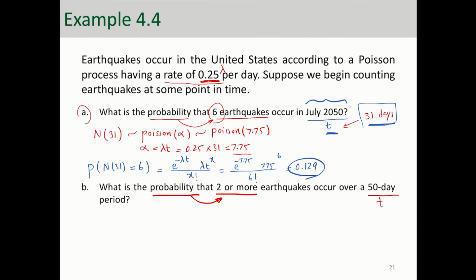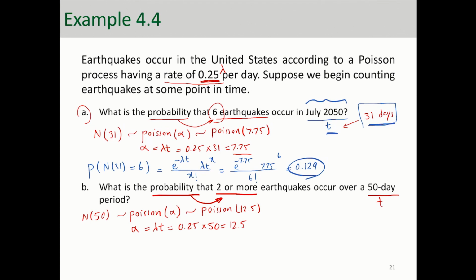So essentially your random variable here is N50, which is Poisson of alpha. Alpha is equal to lambda t, 0.25 times 50, and that is 12.5. So it's a Poisson of 12.5.